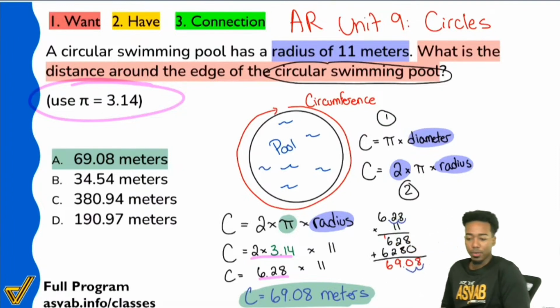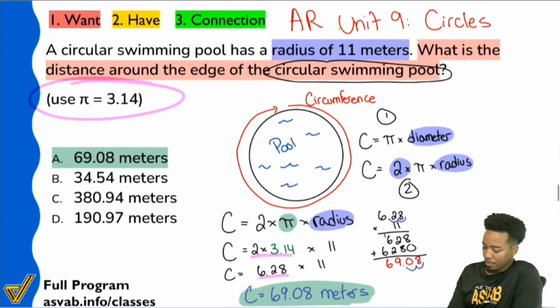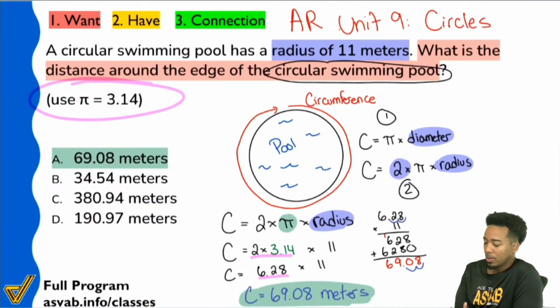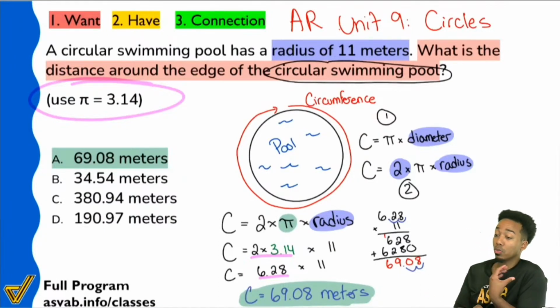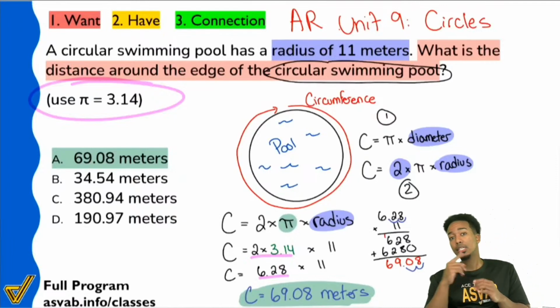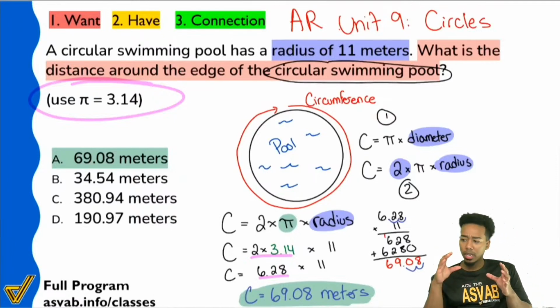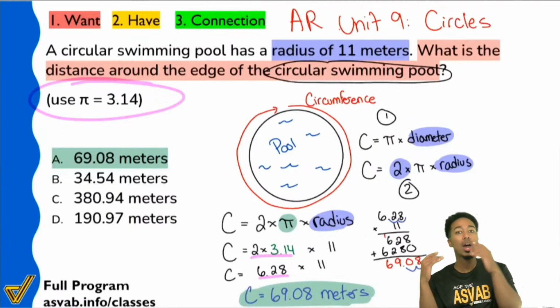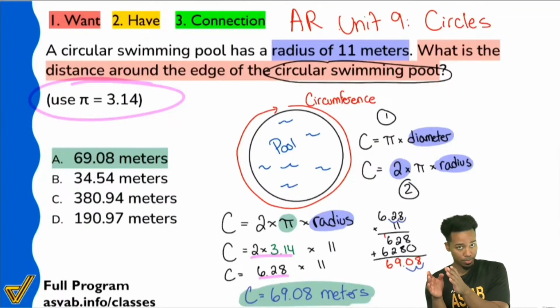So let me move out of the way for you so you can take a picture if you'd like. But I really want to take this opportunity, guys, to remind y'all of the two main issues that people always stumble across. It's either going to be, do I recognize the English in the problem, and do I know how to turn it and translate it into the math that I need to do?